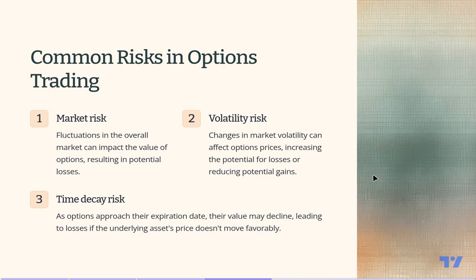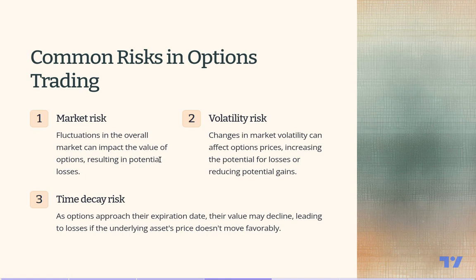Number one, there is market risk. Number two, there's volatility risk. Number three, there's a time decay risk. So, let's go into number one. The fluctuations in the overall market can impact the value, so you need to prepare for that market risk.